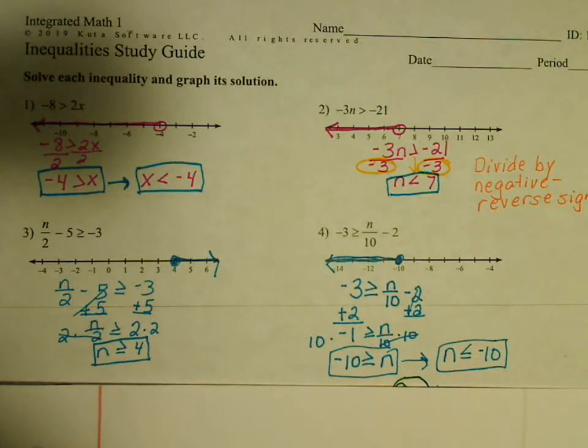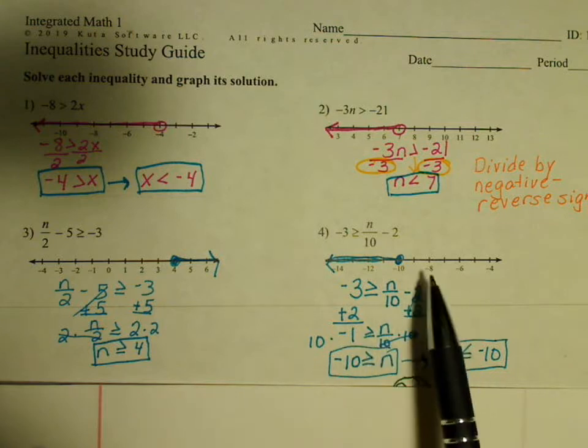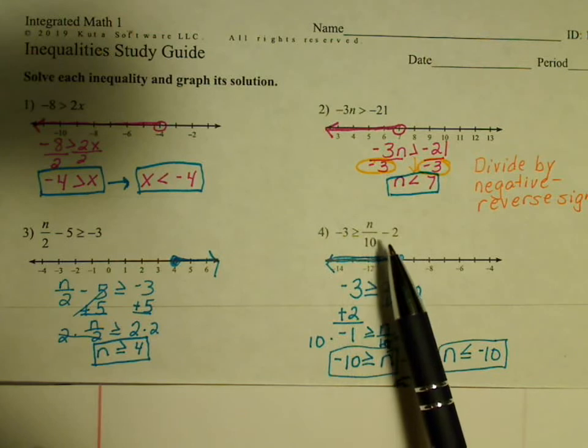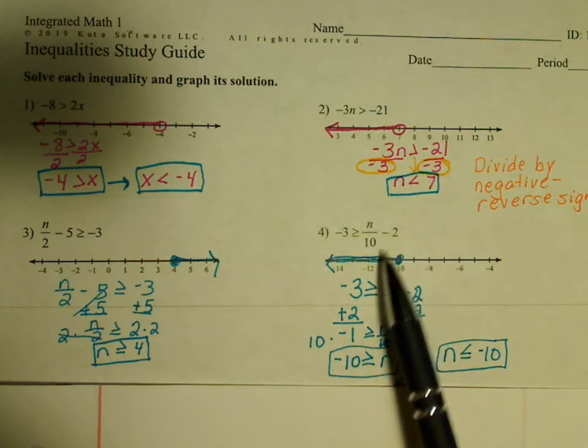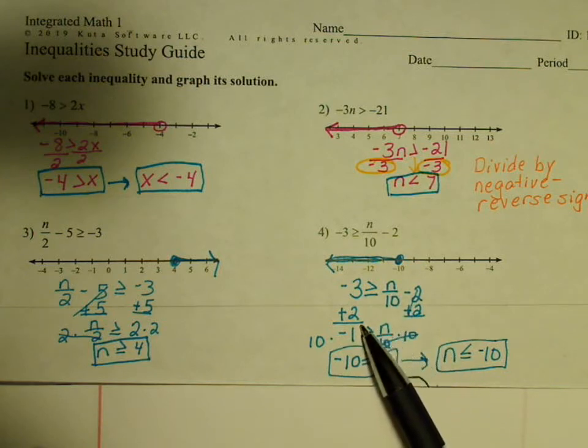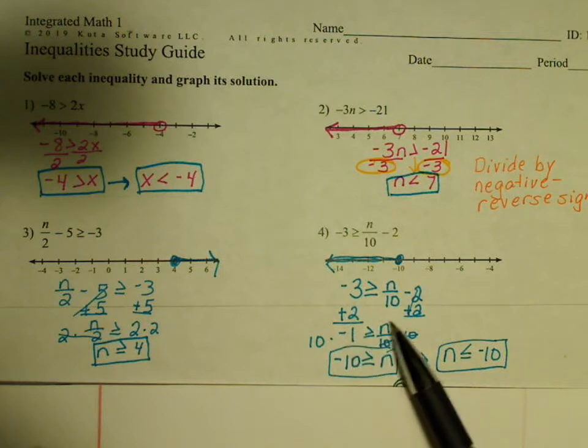Okay, if you'll look at problem 4, it's the same thing as in the one over here. You're going to want to do the inverse of adding or subtracting. So you're going to do the inverse of subtracting 2 and add 2 onto both sides. -3 plus 2 is -1. Those cancel, so you bring down n over 10.